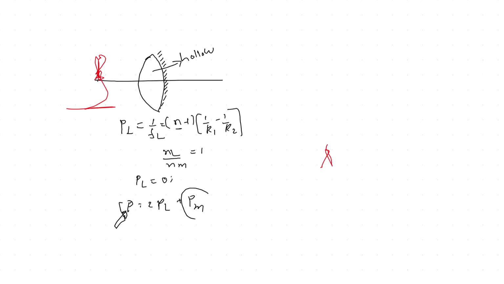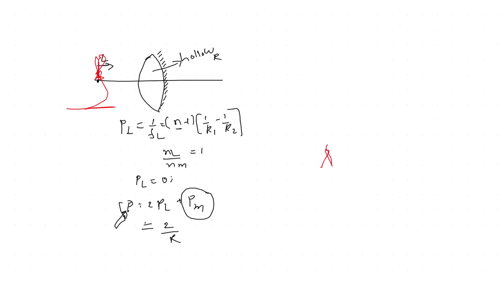And if you see here, the object is this side, light is going left to right, so all sign conventions are very clear. So PM is positive. So total power is equal to 2 by R. So if the R value is given, you can find out the power value, and here the power is positive, since we already took the mirror to be a concave mirror.